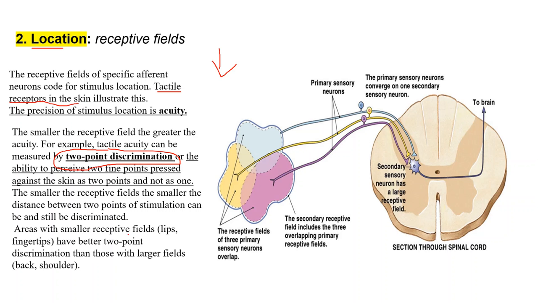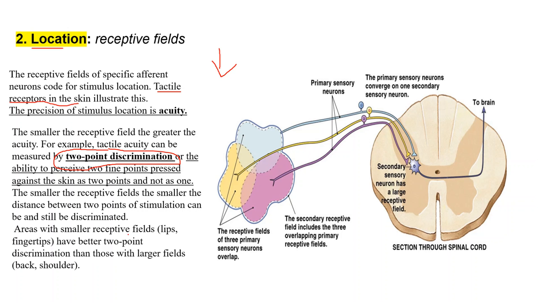Whereas other areas such as the back and the shoulder have worse two-point discrimination than areas such as lips or fingertips. It makes a lot of sense, because for those areas the body doesn't need to have such acuity. It's not needed.